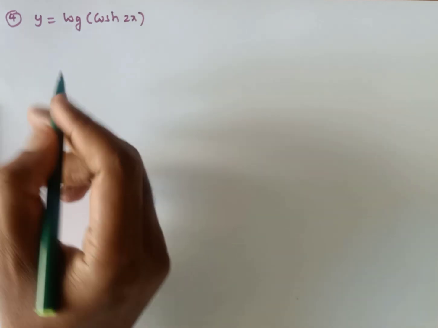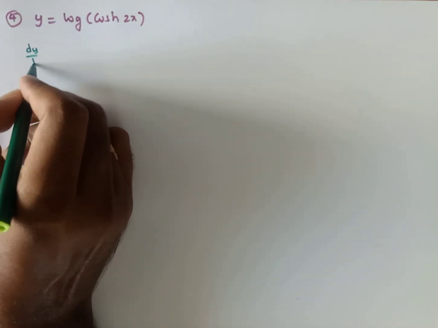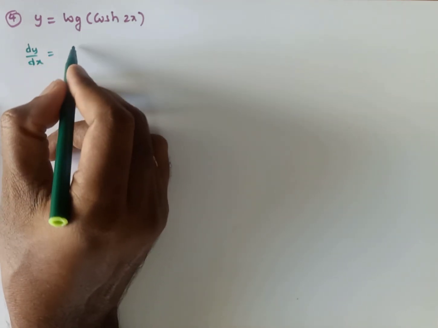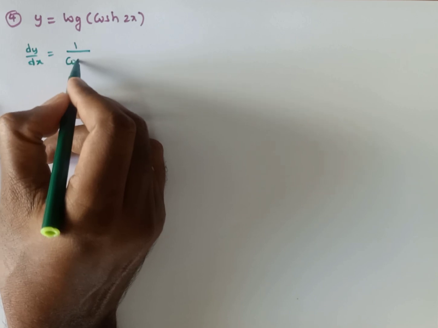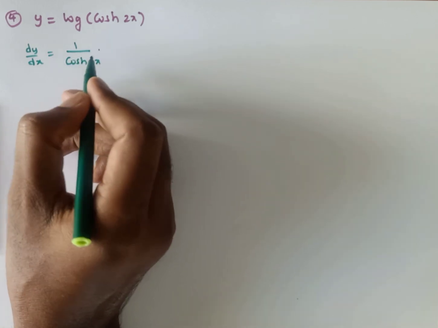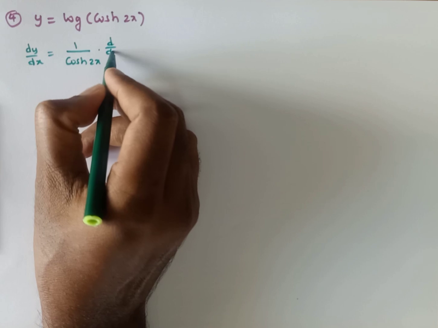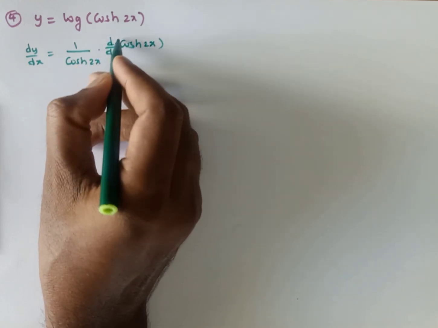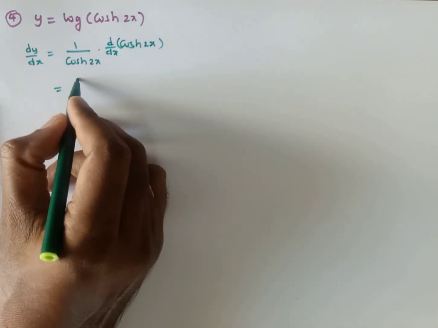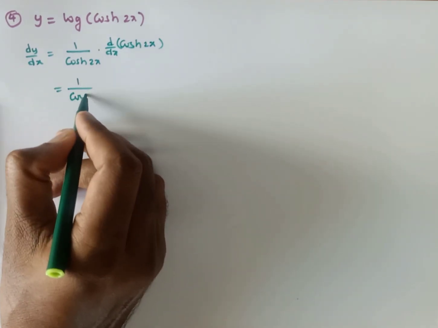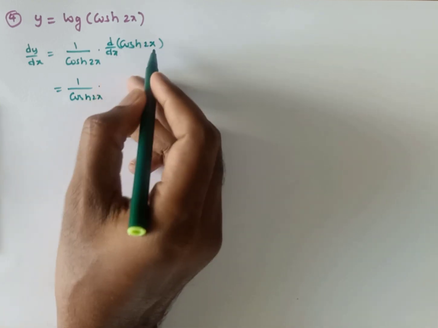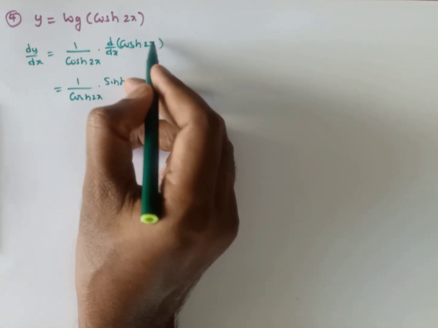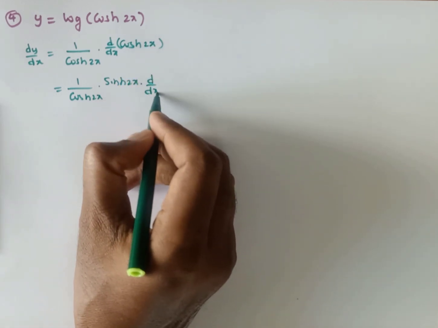Now dy by dx is equals to, first, the derivative of log of x is 1 by x, so this is 1 divided by cos h of 2x into the derivative of cos h, which is sin h of 2x, into the derivative of the inner function, which is d by dx of 2x.